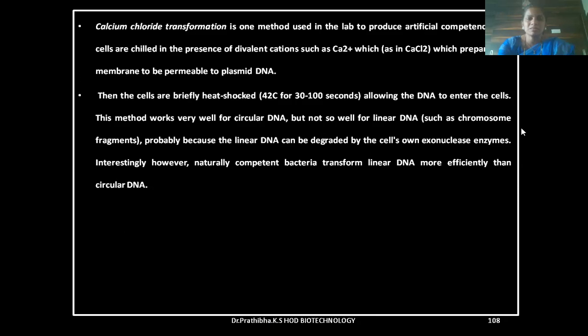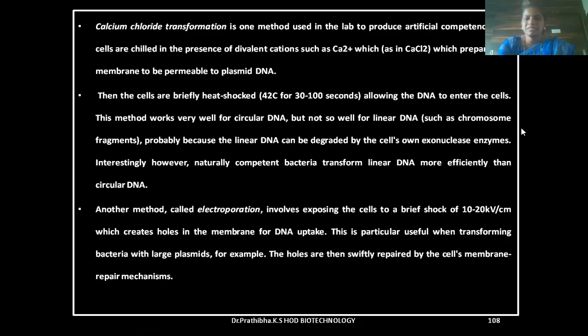This method works very well for circular DNA, but not so well for linear DNA, such as chromosome fragments, probably because the linear DNA can be degraded by the cell's own exonuclease enzymes. Interestingly, however, naturally competent bacteria transform linear DNA more efficiently than circular DNA.